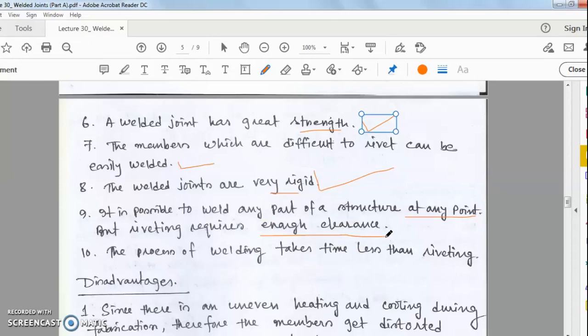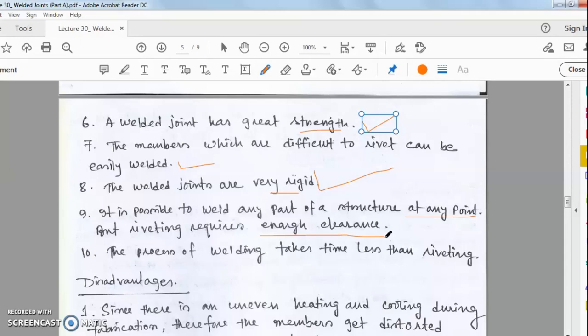That means it is very easy to weld at any point, and it does not require any kind of clearance or positioning. But in the case of riveting, you require some clearance, some gap, so that you can rivet the joints. Here you do not require any clearance in the case of welding. At any point you can weld easily.